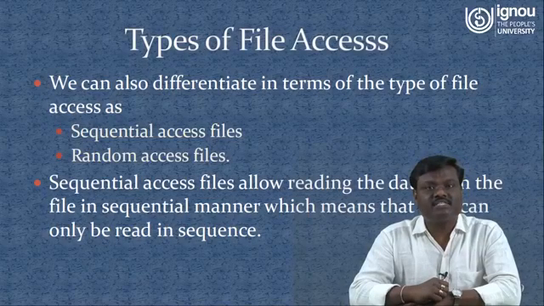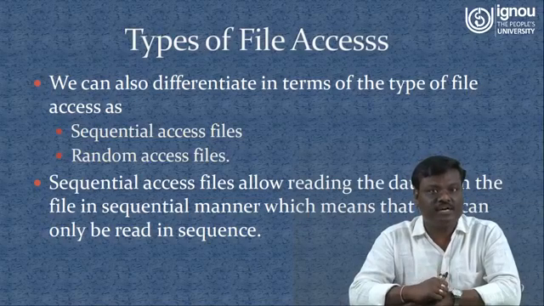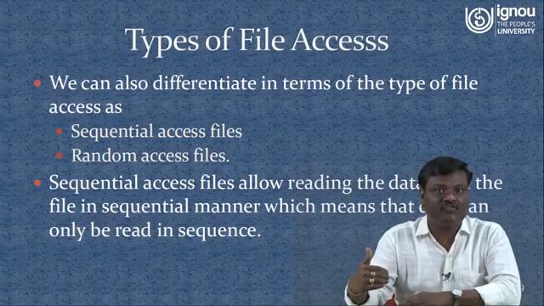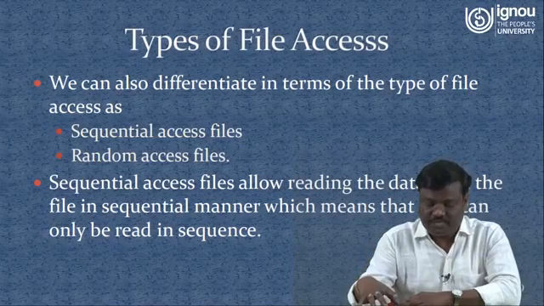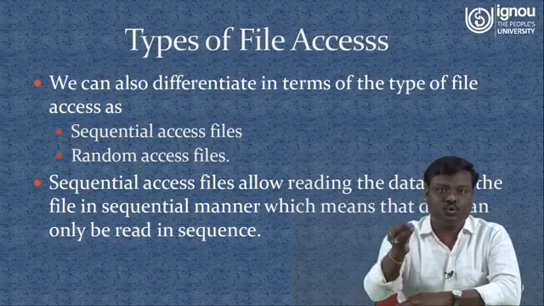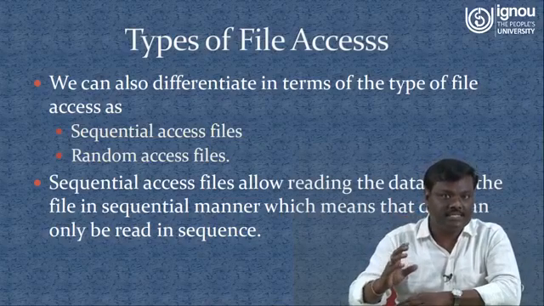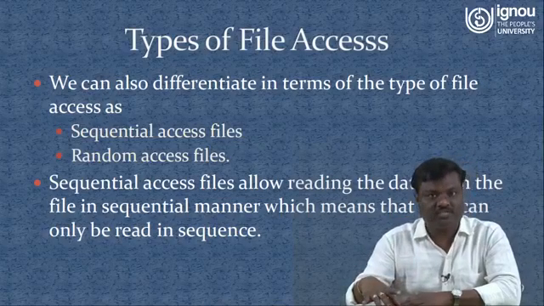Sequential access files allow reading the data from the file in a sequential manner right from the start till it meets the end of file marker, which means that the data can only be read in sequence. Suppose you want to go to a particular point, that is random access, that is also possible.